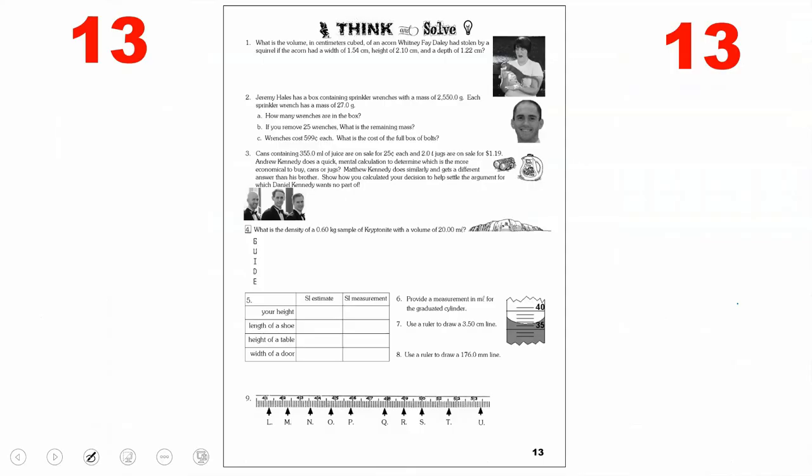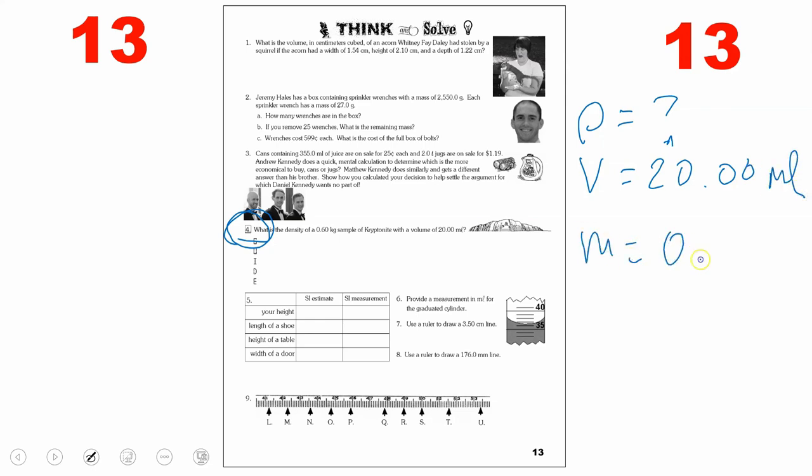I want to draw your attention to the think and solves here, and especially number 4. What is the density of a 60 kilogram sample of kryptonite with a volume of 20 milliliters? Well, we have a density we're trying to calculate, and the volume is 20 milliliters, and the mass is 0.6 of a kilogram.